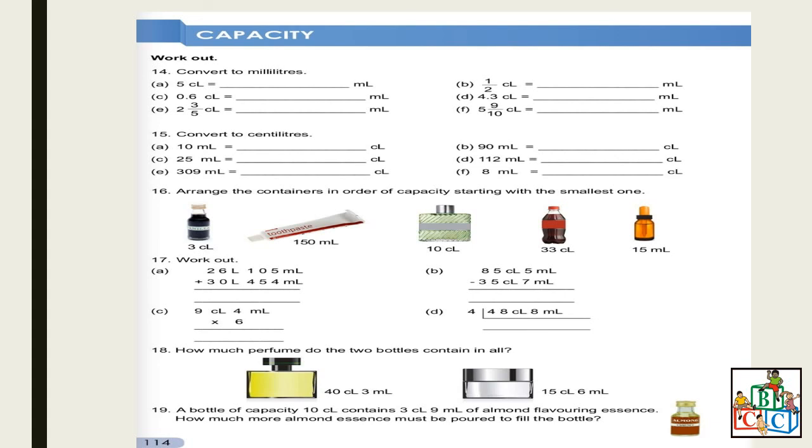Okay, but still you have this bottle. The capacity of this bottle is 10 centiliters. It only contains 3 centiliters, 9 milliliters. How much more essence should you add? To help yourself, you can draw a small diagram and label the capacity.